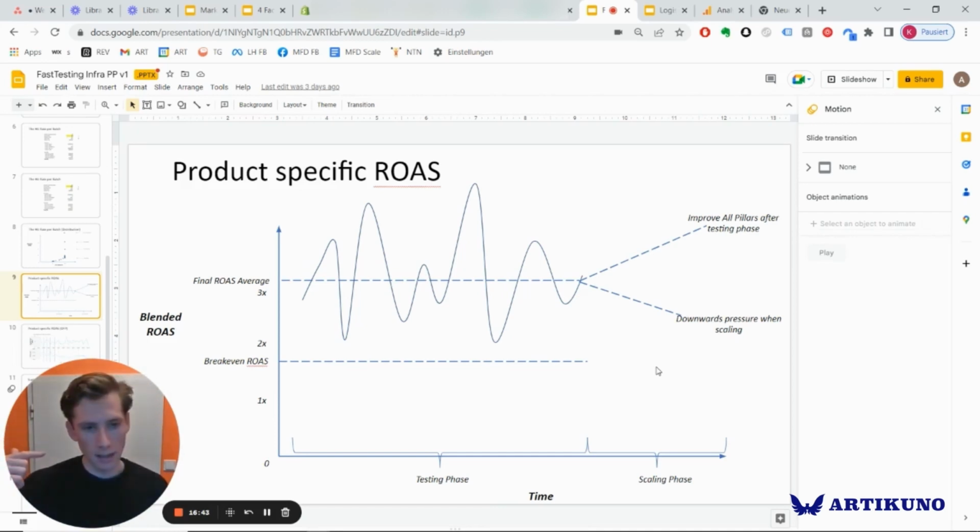The worst day of a ROAS of that product still needs to be considerably above the break-even ROAS, right? Which, by the way, isn't the case in the store I showed you, right? We have days where we're below break-even ROAS, which then gets overcompensated by the days where we're way above our break-even ROAS, right? So on average, we're slightly above our break-even ROAS on like an average month, but that's not a tier 1 product. I would say that's more of a tier 2 product for me.